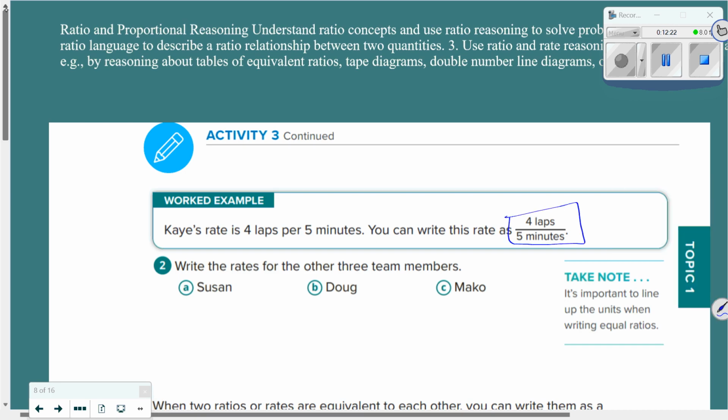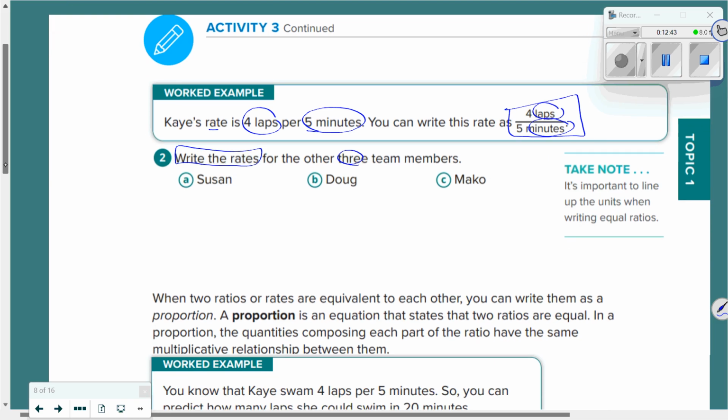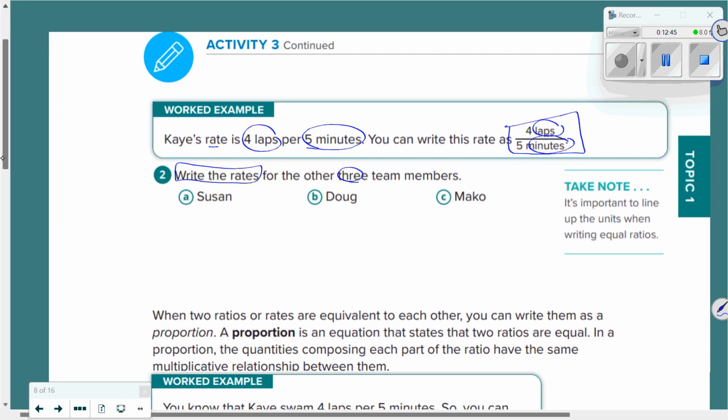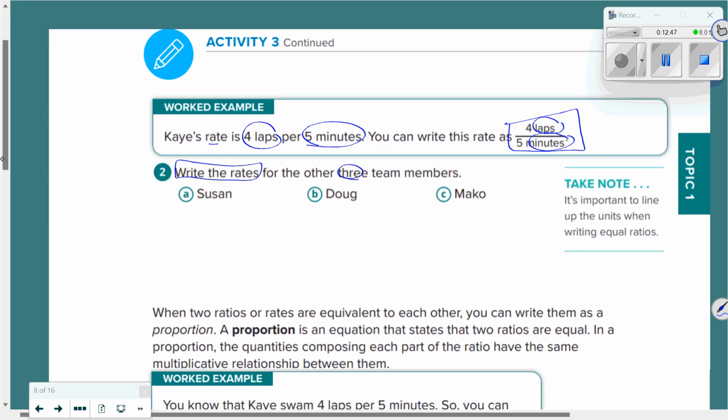So if I take my rate of 4 laps in 5 minutes, we can write it in fractional form. Again, the most important part in a rate is our units. That's what we're comparing. So we're giving you an example. Now we want you to write the rates for the other 3 team members. And then we've got a couple questions for you to answer. Actually, that's it for this one. It should take you about a minute. Go.